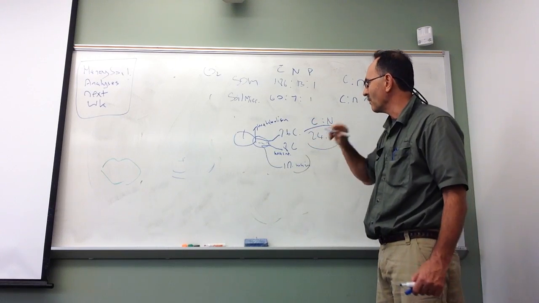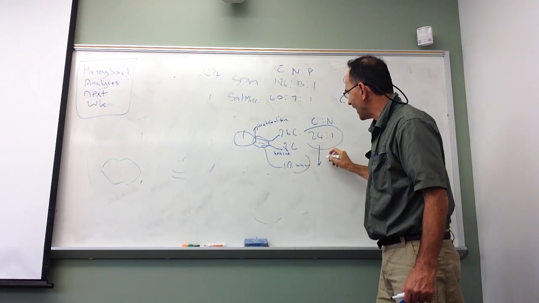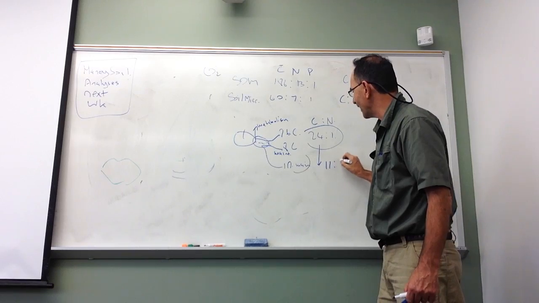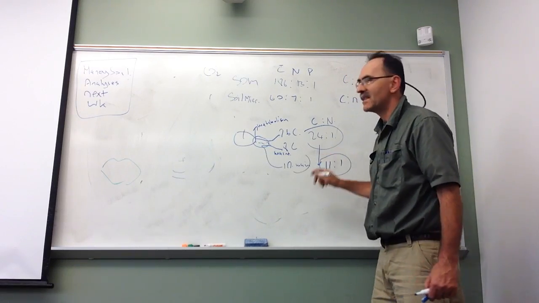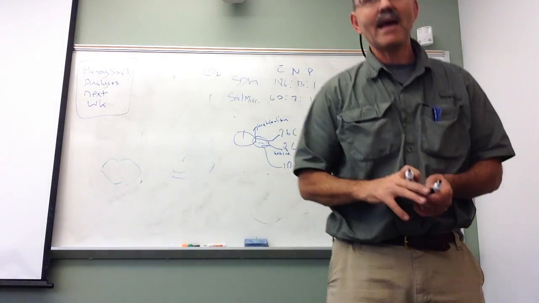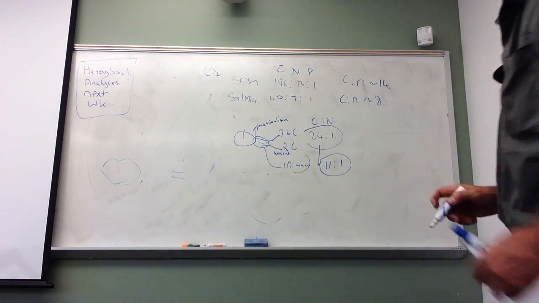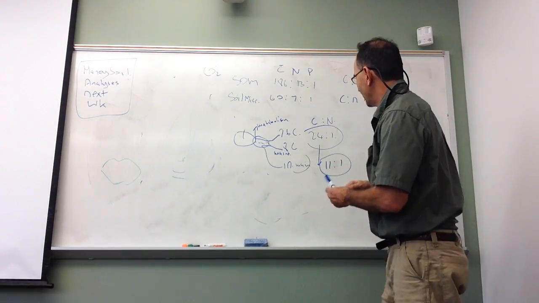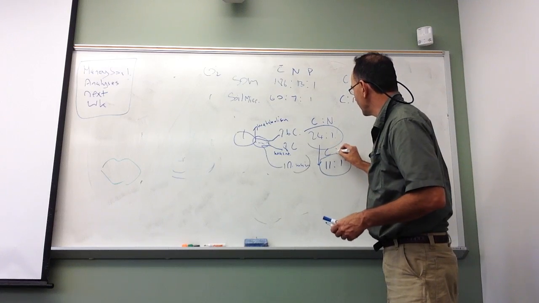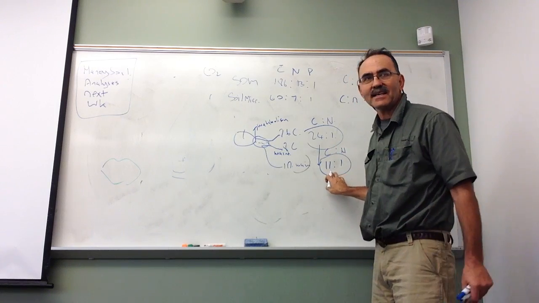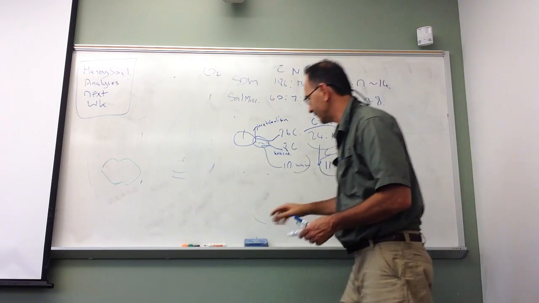There's a little bit of warmth. When you lower that, say to 11 to 1, you increase that rate of reaction. So what happens in this case is that there is a lot of excess nitrogen in the system.